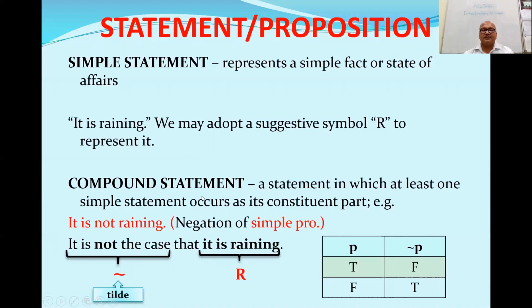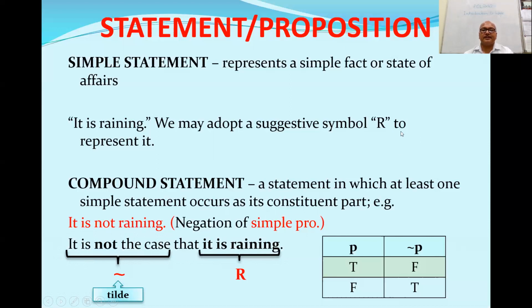So now you see this simple statement is exactly occurring here. And the rephrasal of this compound statement in this form explicitly shows it, right? And it is not the case is the negation of this simple statement. So it is not raining means the same thing as it is not the case that it is raining.